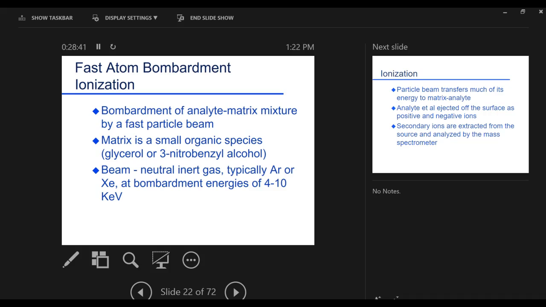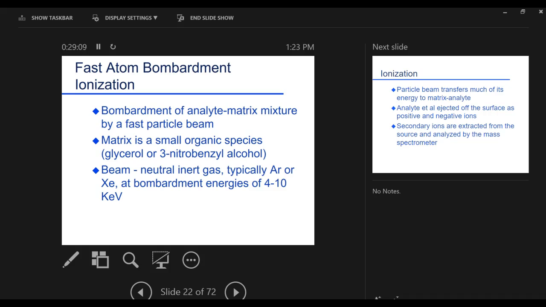So that's one alternative, fast atom bombardment. It's somewhat similar to the MALDI, except with the MALDI, I smacked it with a nice laser beam. That's where my energy came from. In fast atom bombardment, I'm not hitting with a laser, I'm hitting with another molecule. And that's what transfers energy to the things I'm analyzing.